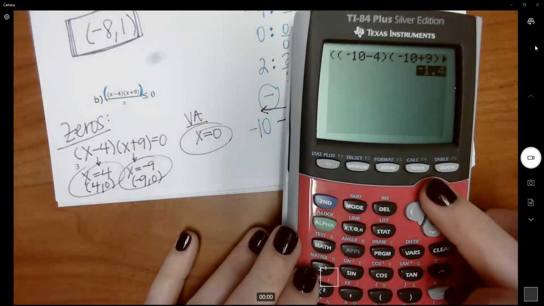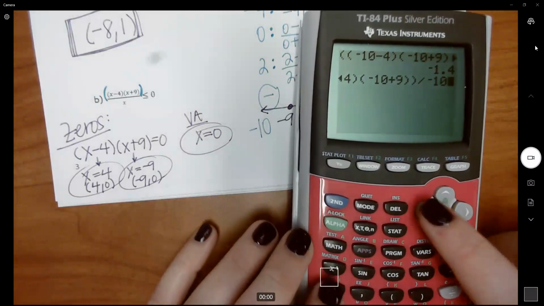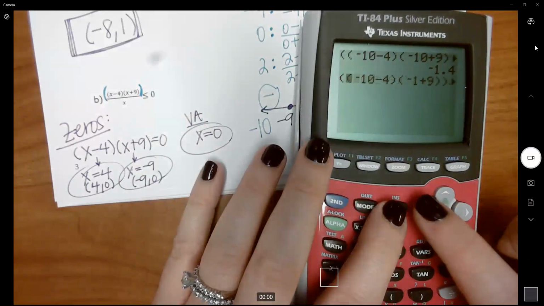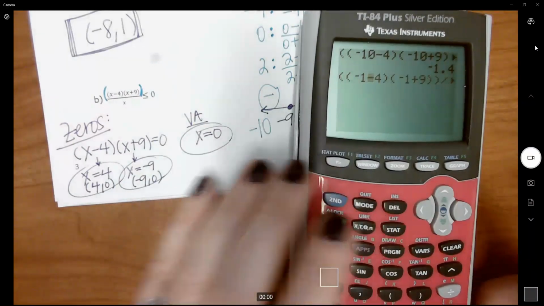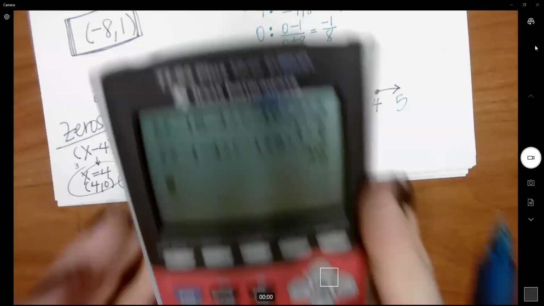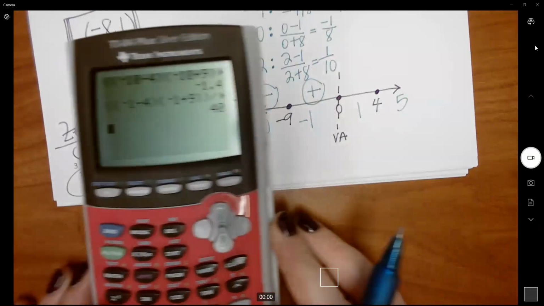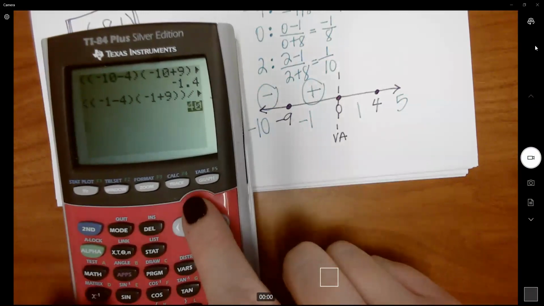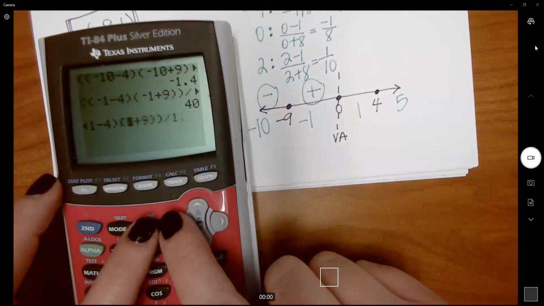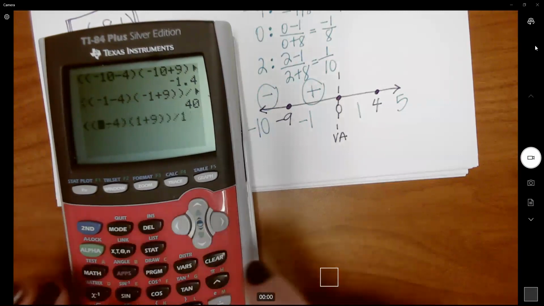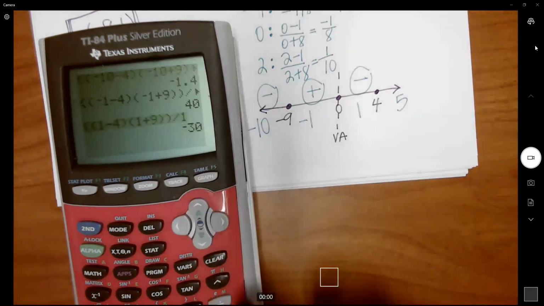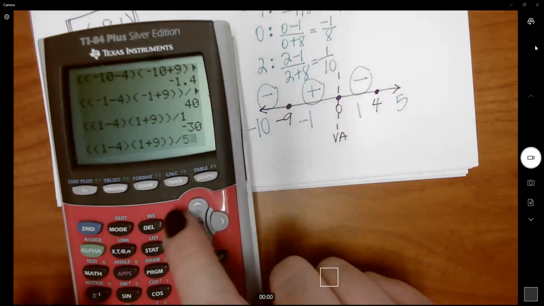Once you have that plugged in, now you just come up here and edit. This is -1. So positive. Then this changes to +1. Negative, and then lastly, 5.